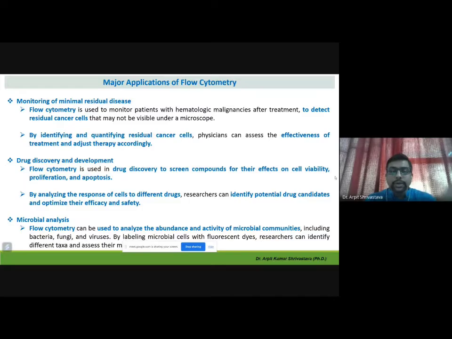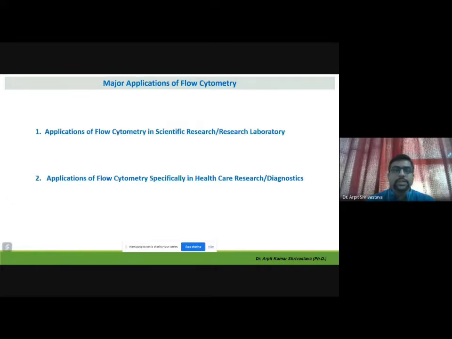They are working to implement this principle in point-of-care tests, just like PCR. This is ongoing research and will take a little time, but it is very effective. So you can see the actual microbial analysis: in which community, what kind of microbial flora, what kind of bacterial, viral, and fungal load is there. You can determine the population and quantify the number of these pathogens. This kind of analysis can also be done by flow cytometry.